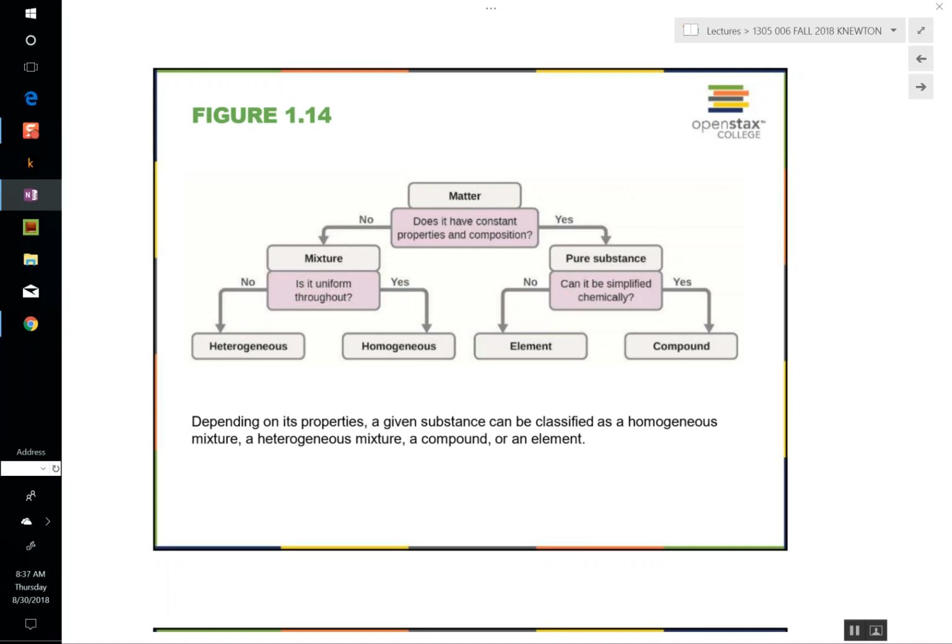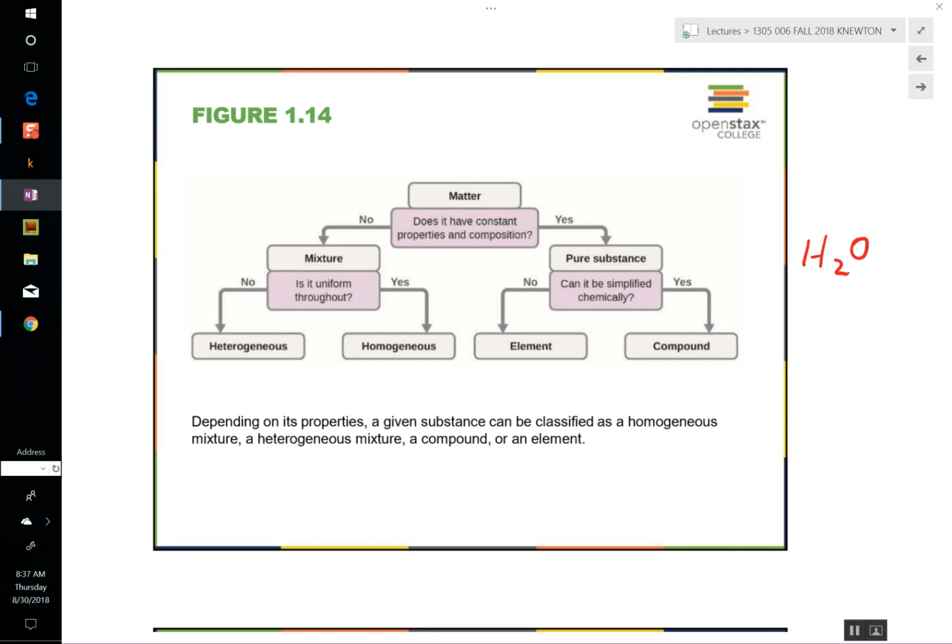So pure substances: can it be simplified chemically? If the answer is no, you're talking about an element. If your answer is yes, you're talking about a compound. Again, water's my best example here, and we'll have a slide in a minute. I could take water and break it down into hydrogen and oxygen.